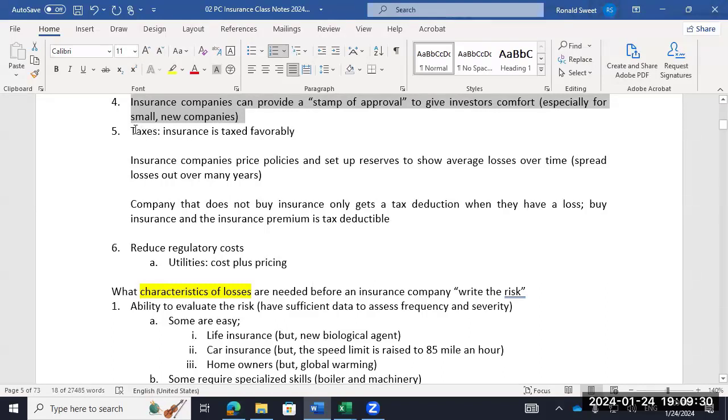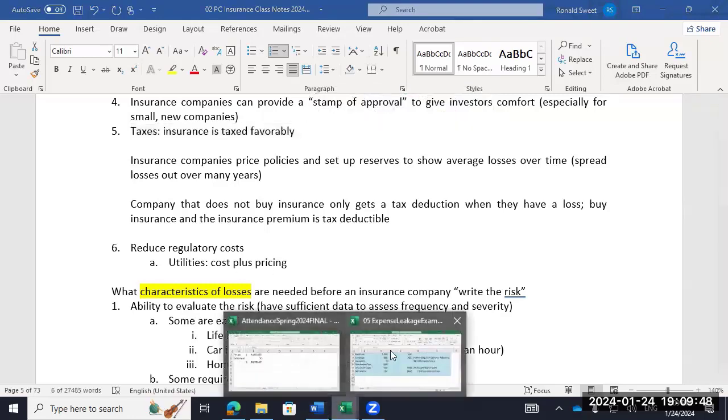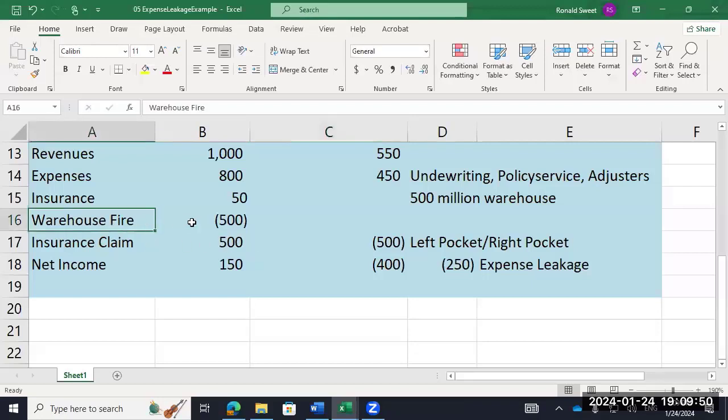And then taxes. I'll probably do taxes next class, but insurance is a very favorably taxed product. Maybe I can do it real quickly. We may have to come back and redo it. But the advantage here, if you look here, once Hartford has that $500 million loss, in a year when they only have 100 million in earnings, they don't get the tax benefit of that 500.